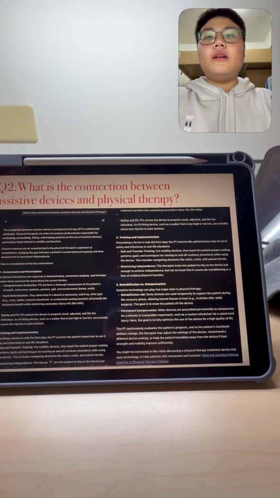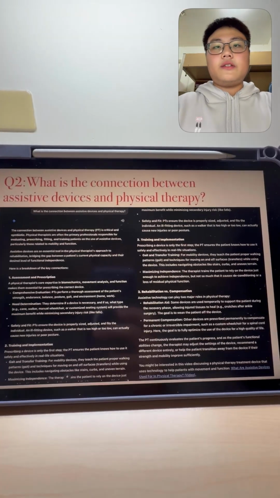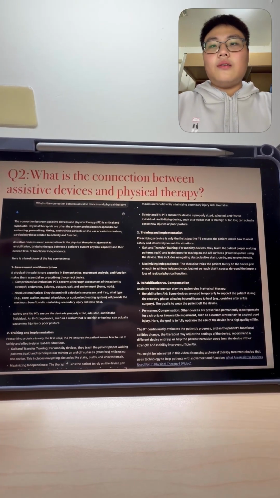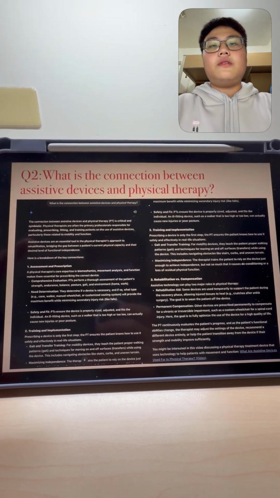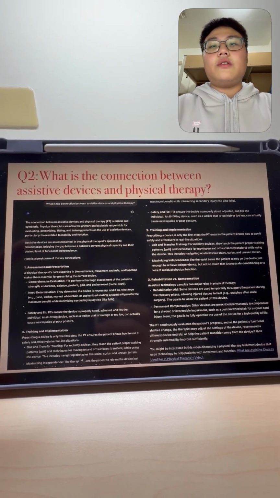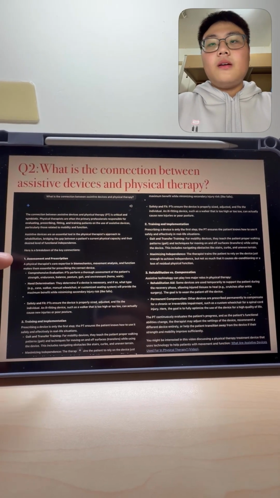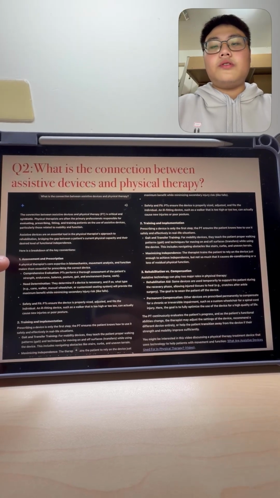Okay. The second question we asked was about the connection between assistive devices and physical therapy, and here's how it answers us. The connection between assistive devices and physical therapy is critical and symbiotic. The first is assessment and prescription.